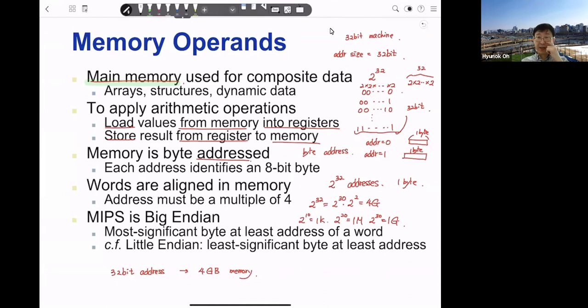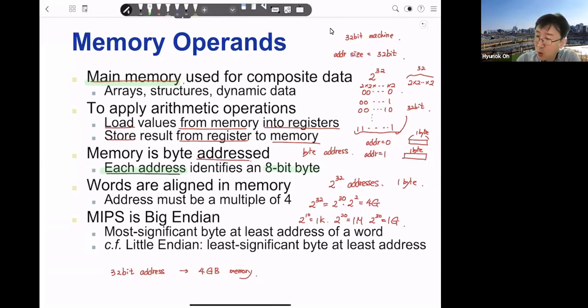So 4 gigabytes is the maximum memory size we can access using a 32-bit machine. Anyway, each address identifies an 8-bit byte, so 1 byte.